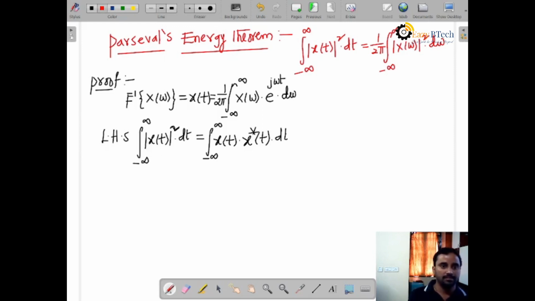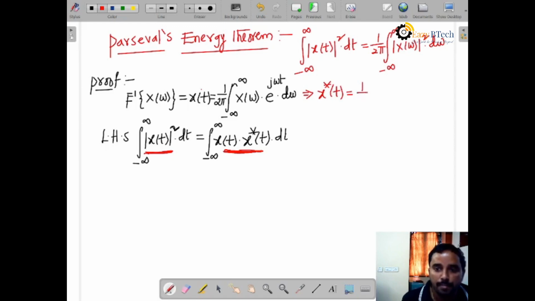So this magnitude of x of t whole square we can write as the integral from minus infinity to plus infinity of x of t into x star of t, the complex conjugate of x of t, dt. Now here we have x of t. Now I am going to write x star of t from x of t. So what is x star of t? The complex conjugate of x of t.